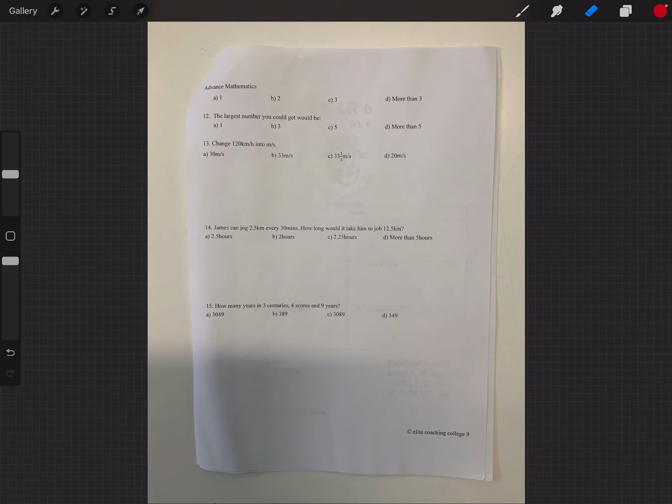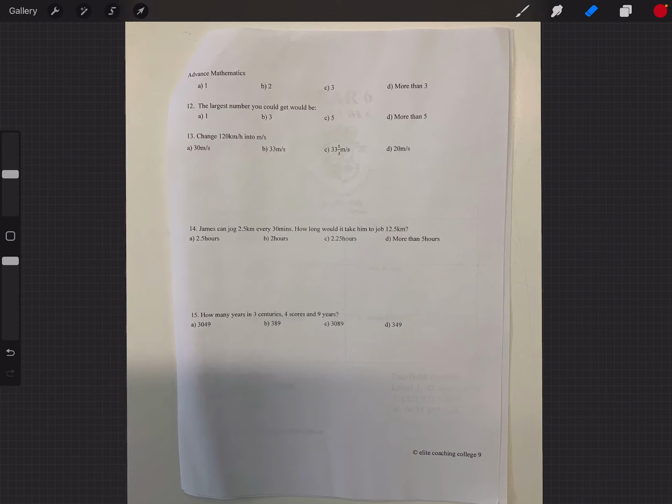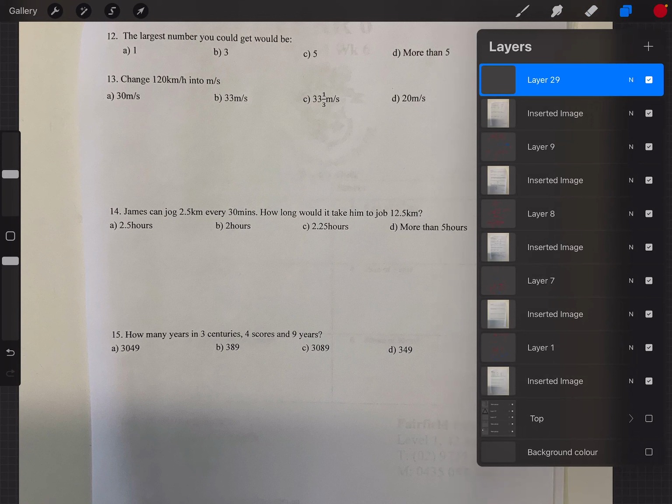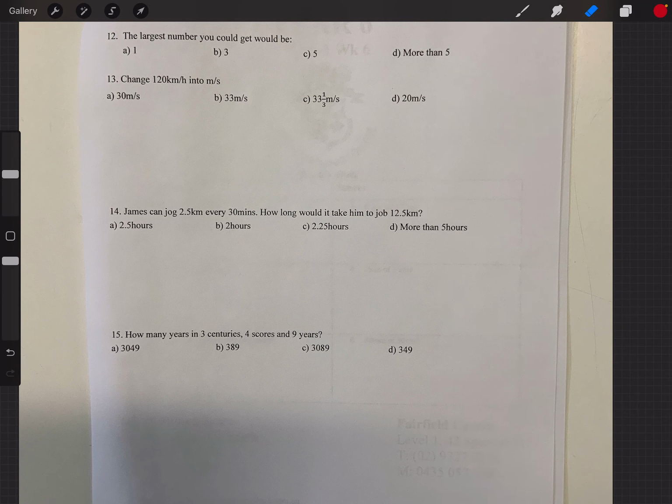Alright, moving on to question 13. Now it says change 120 kilometers an hour into meters per second. Okay, so 120 kilometers for 1 hour. I want to get it down to how many meters it's going to be for 1 second.